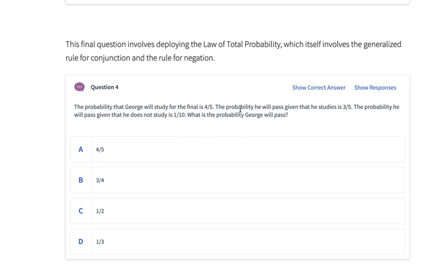If you recall what the law of total probability says, it gives us a way of understanding the probability of a single sentence in terms of conditional probabilities and the probability of another sentence. So let's see how that works.